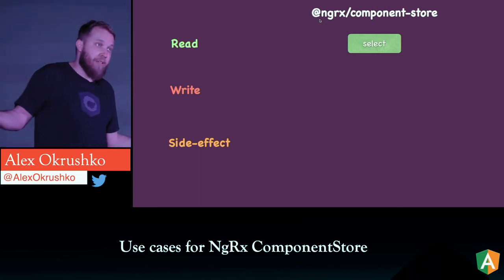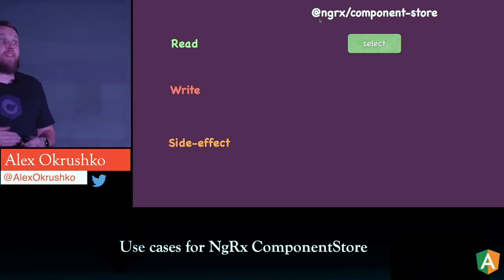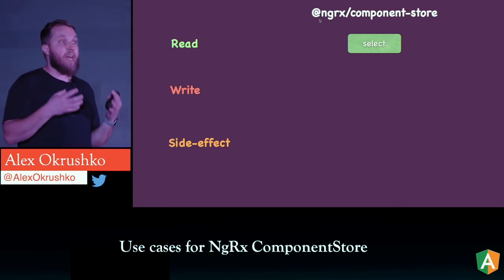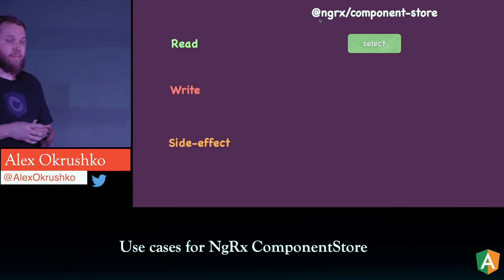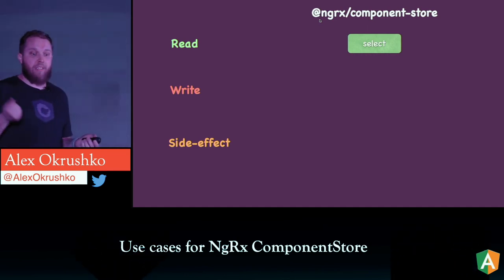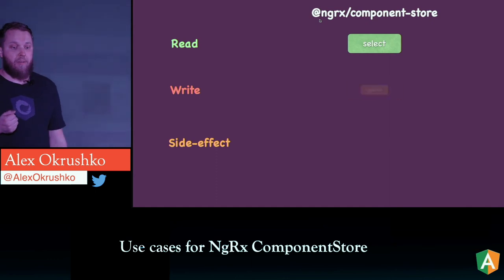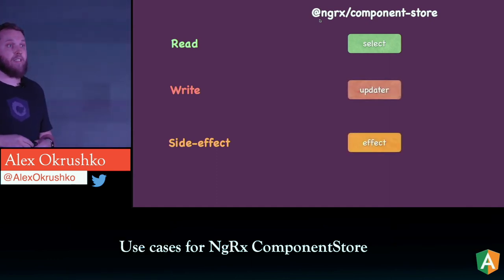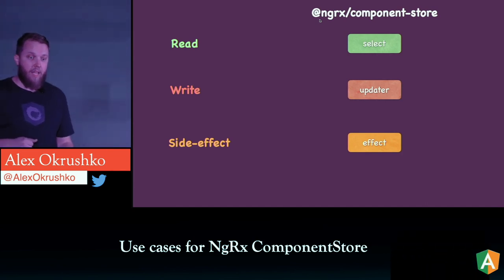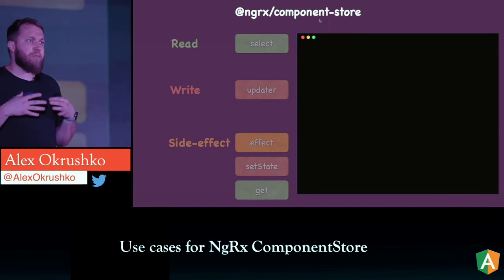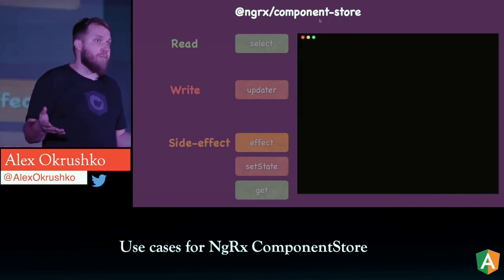And one other very important thing, it needs to be able to handle side effects. So in the ComponentStore, we can read with the select method. We can write with the updaters. And for side effects, we have effect methods.